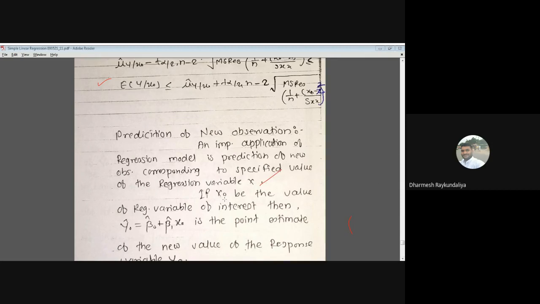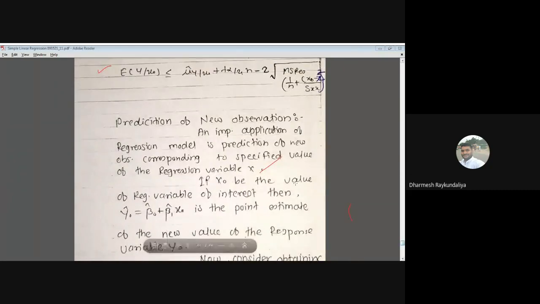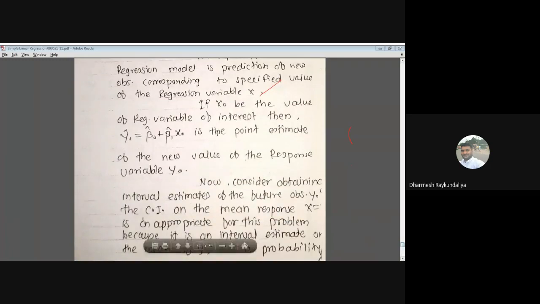So if x0 be the specific value of the regression variables, and if I wish to predict the new observation, then y0 cap equal to beta 0 cap plus beta 1 cap x0 is the point estimate of the new value of the response. हम यहाँ पे mean response नहीं ढूंढ रहे हैं, we are obtaining the point estimate of a new response. आगे वाले केस में हमने क्या लिया था?